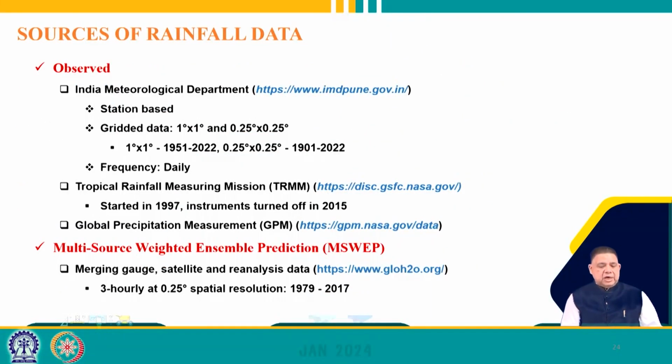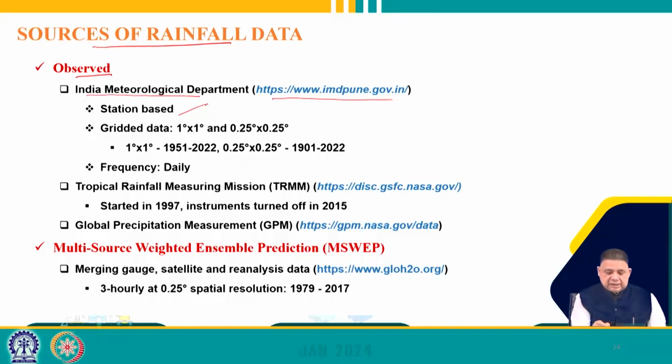Now, before we close, I would like to mention the sources of rainfall data. In India, observed data is available from the India Meteorological Department, and this is the website. We can get station based as well as gridded data at 1 degree by 1 degree or 0.25 degree by 0.25 degree.